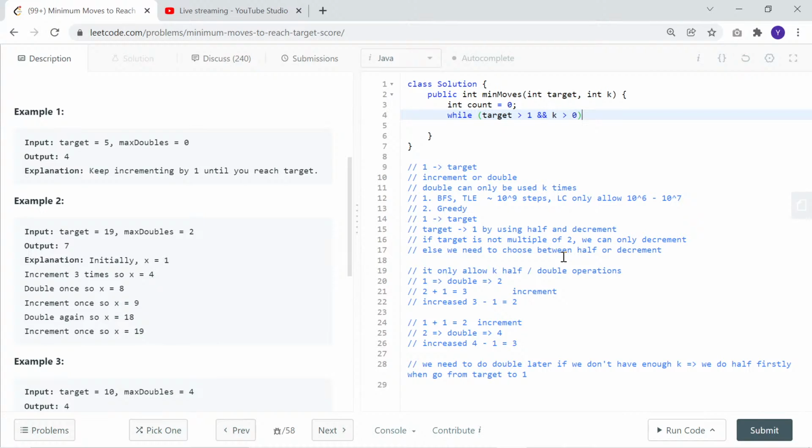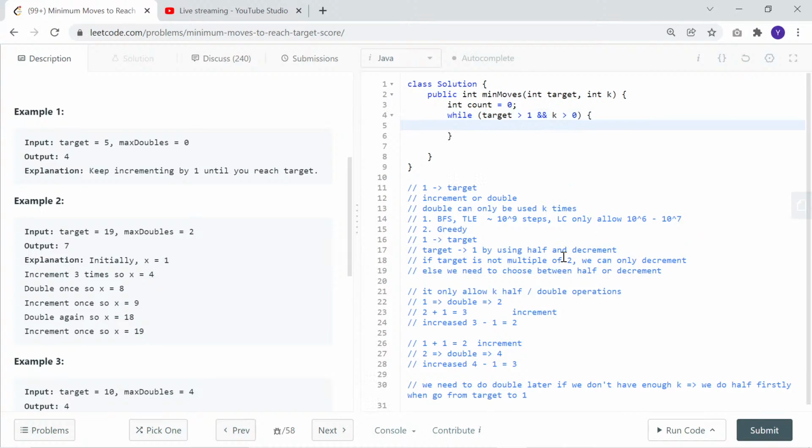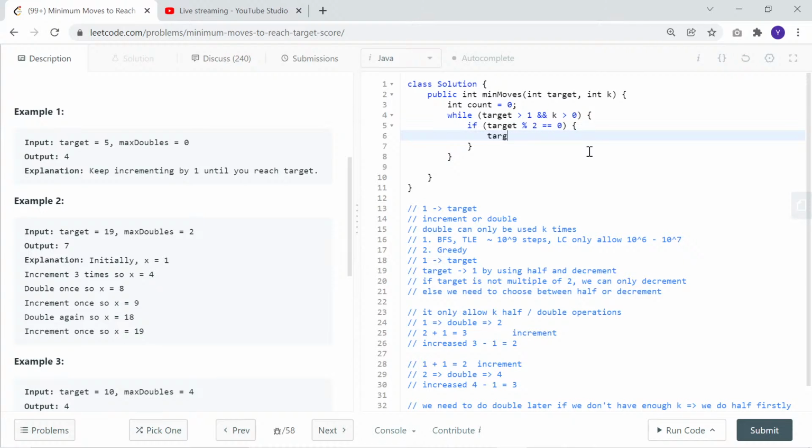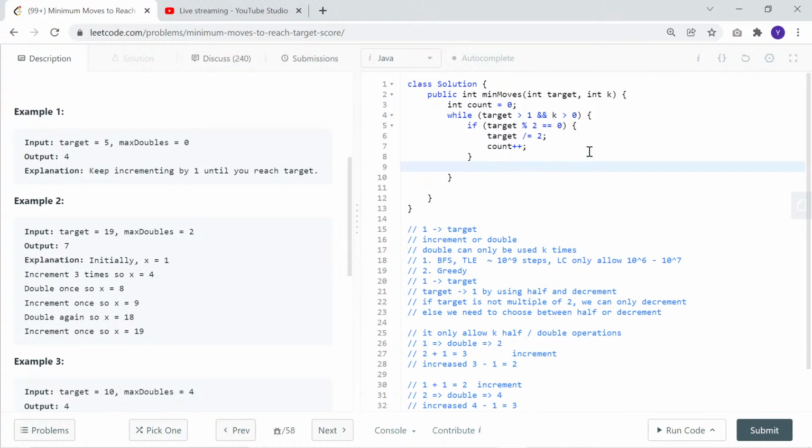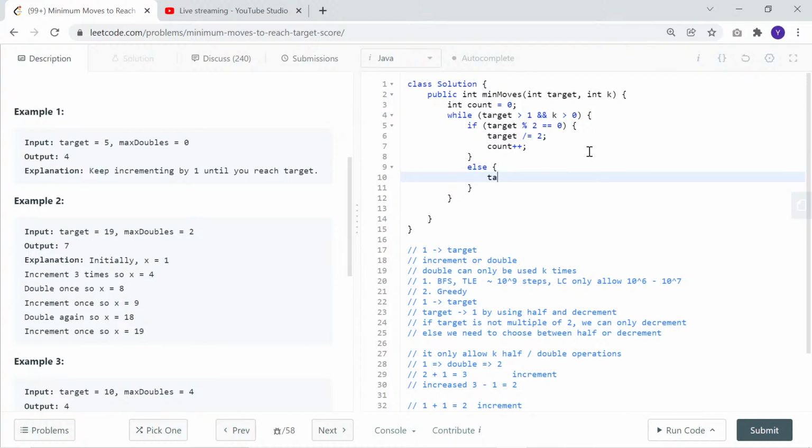So while target is larger than 1 and k is larger than 0, if target is a multiple of 2, then we can do target divided by 2. Then here we do count plus plus. Otherwise, we do target minus minus. So both are count plus plus.